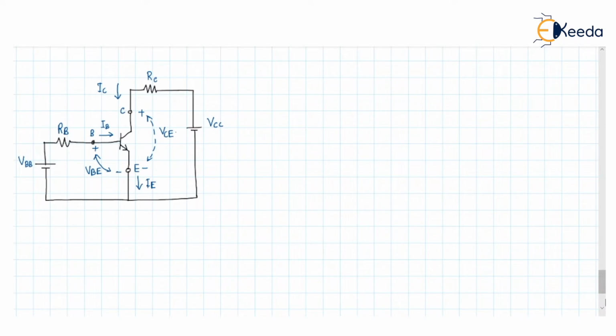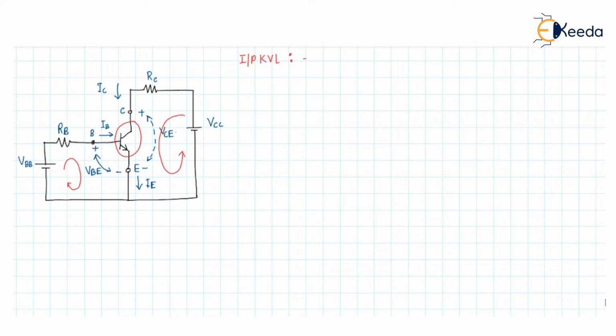Generally, this is the biasing circuit we know, because this is our transistor. The circuit connected with this transistor is the biasing circuit. Now in this circuit, this is our input loop and this will be our output loop. If we apply input KVL, then we can find the following equation.